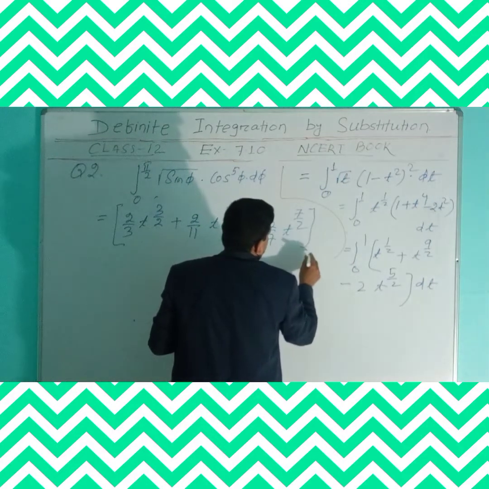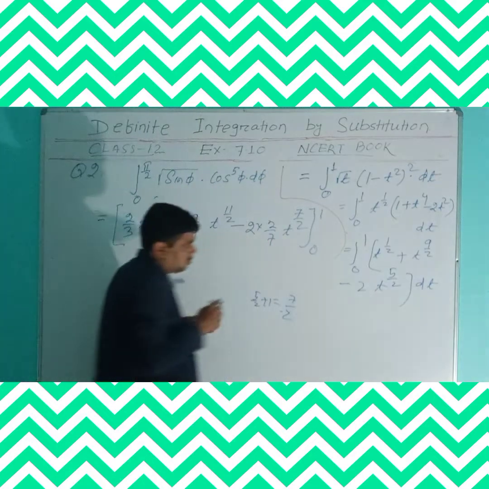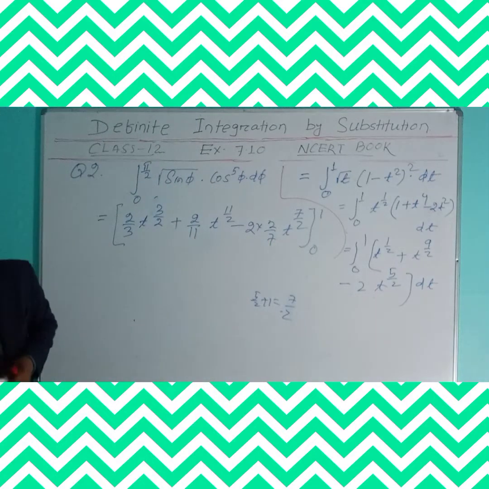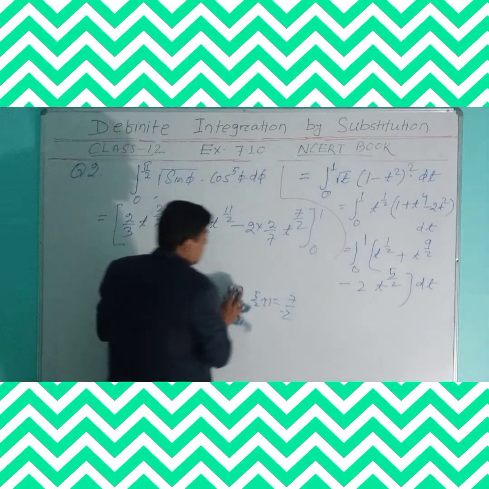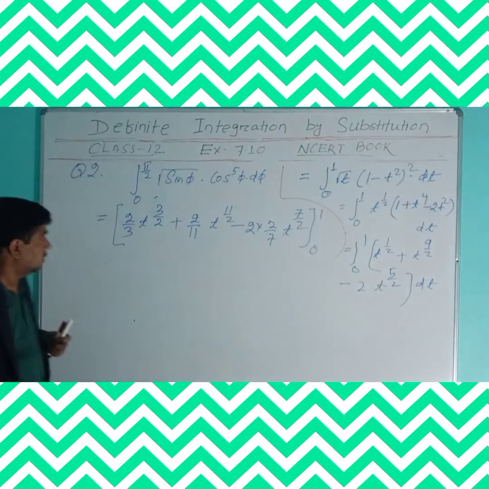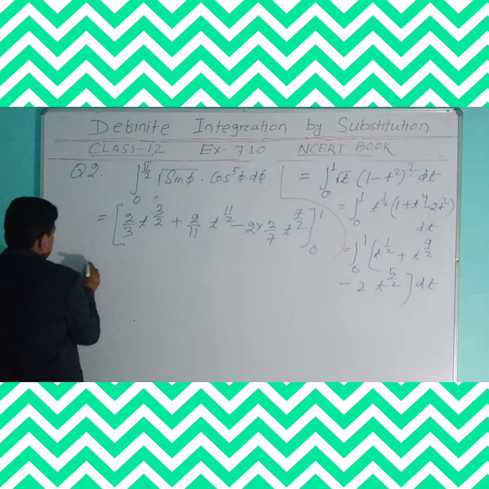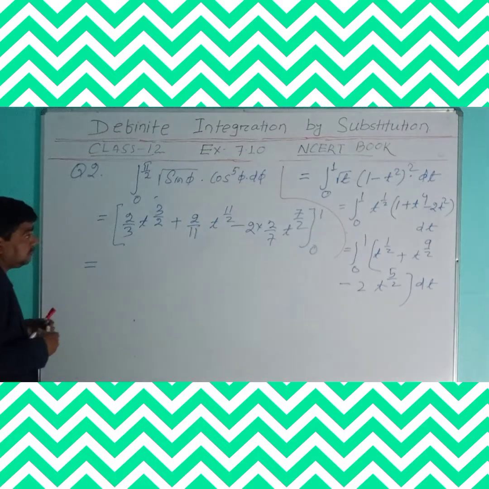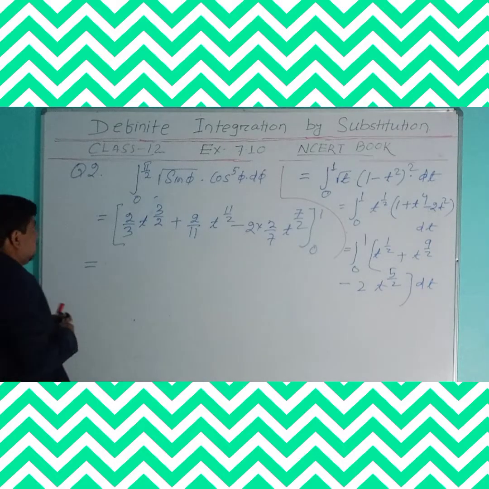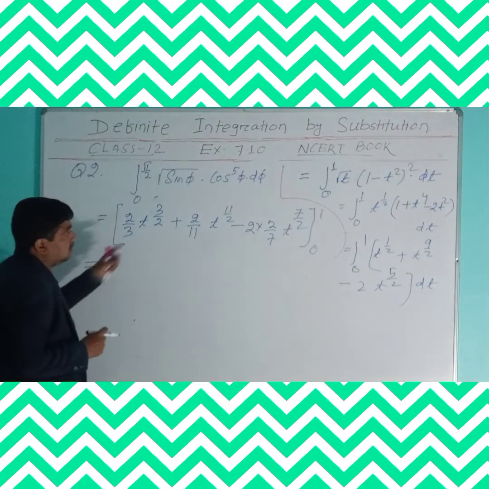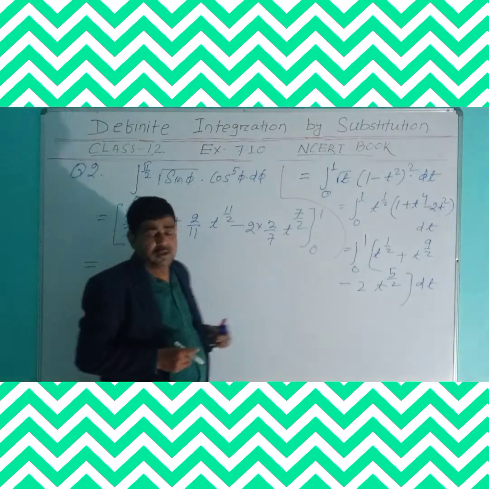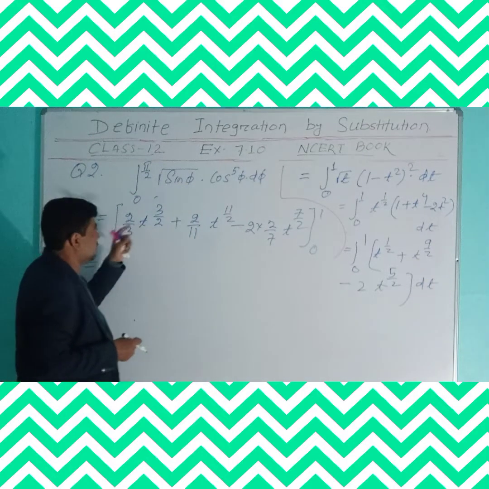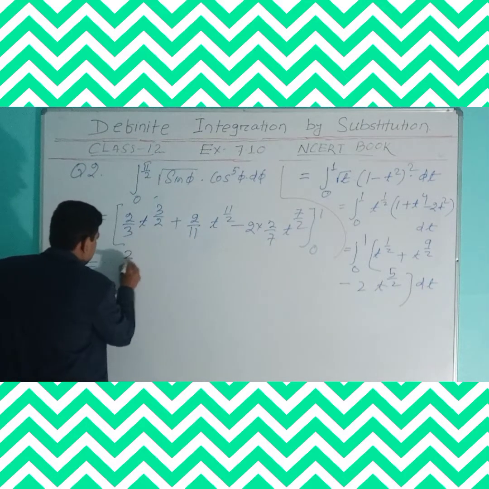This is the integration, and again the lower limit is 0 and the upper limit is 1. Don't forget to write this. Okay, is it correct? Understand? Now let us put the values over here. You see, the upper limit is 1, so first in place of t, you write down 1 in 2 by 3.